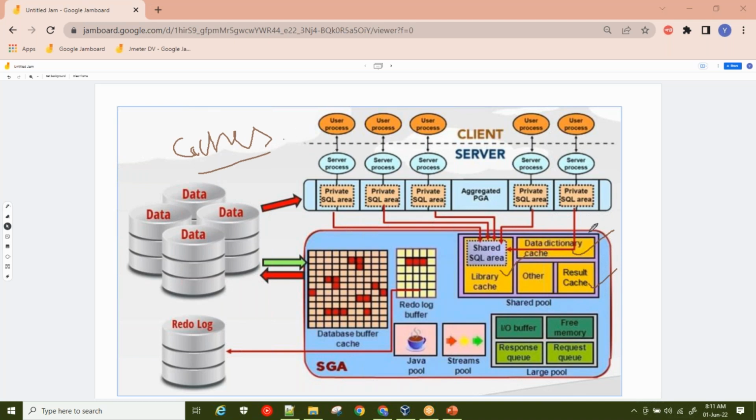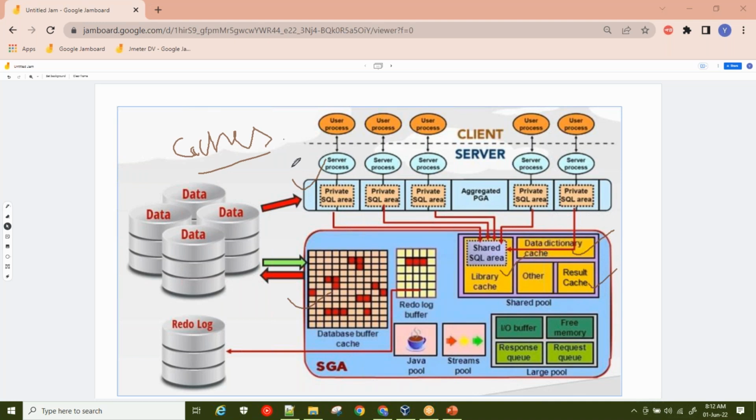Can anyone tell me why the SGA and PGA are called caches and not memory? If you look at any memory management, caches are the fastest.